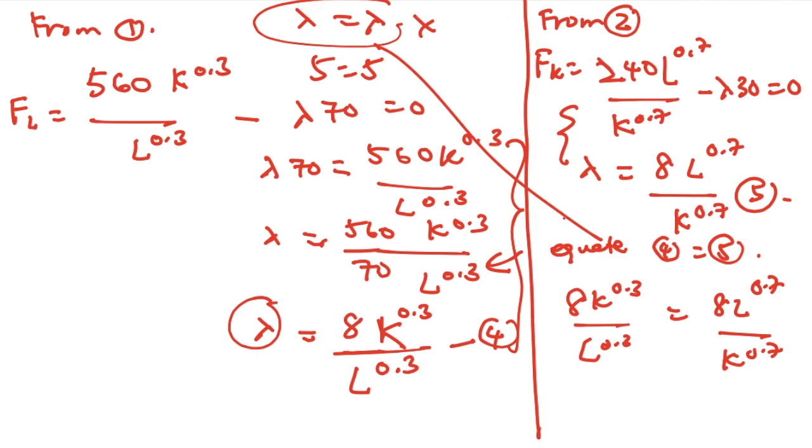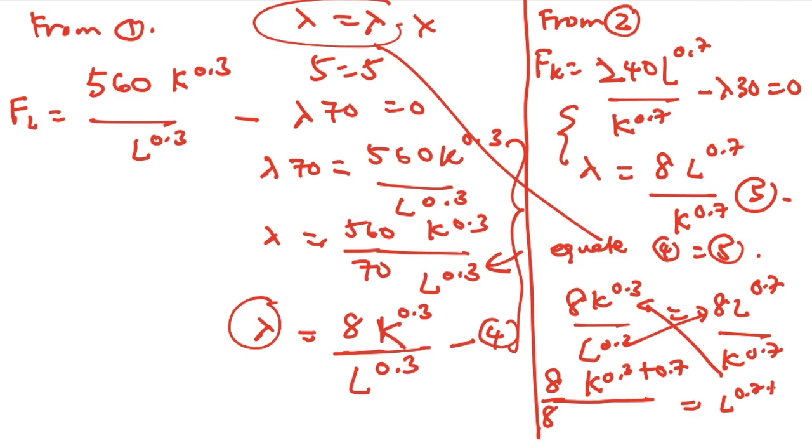Now you can clearly see 8 and 8. By right, I can just simply cancel, but I know some students have problems with this. Look carefully: K^0.3, I cross multiply this, it becomes plus 0.7. And then this one I cross multiply, it becomes L^0.7 plus 0.3.